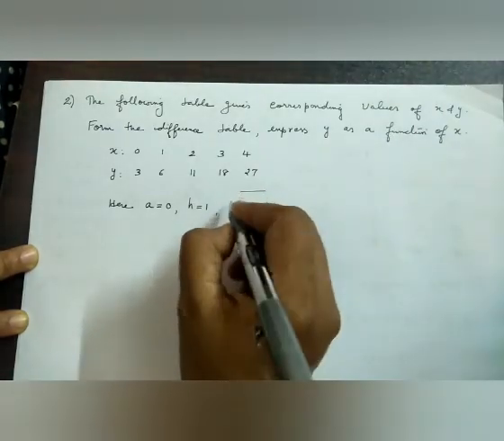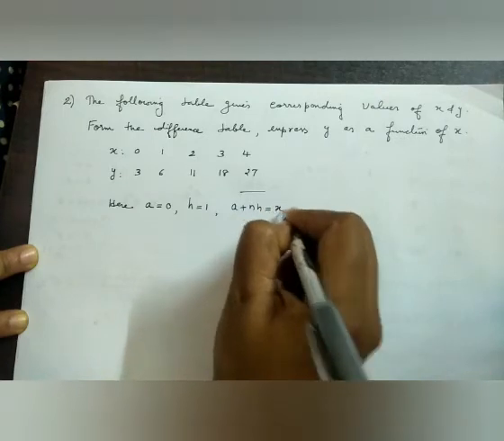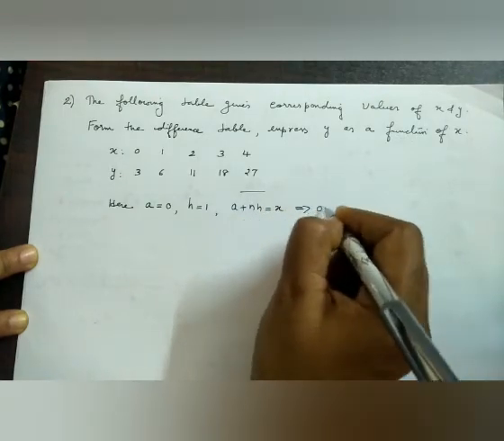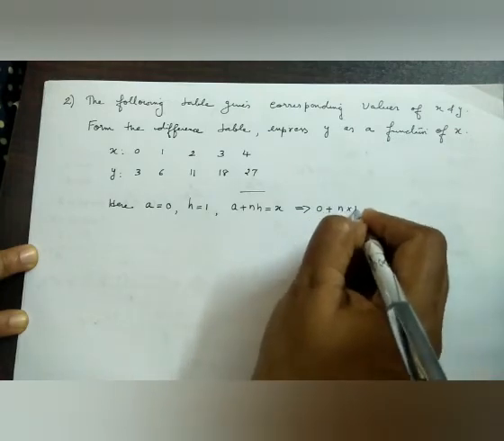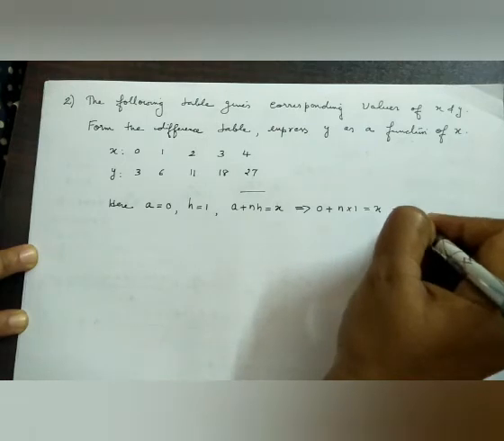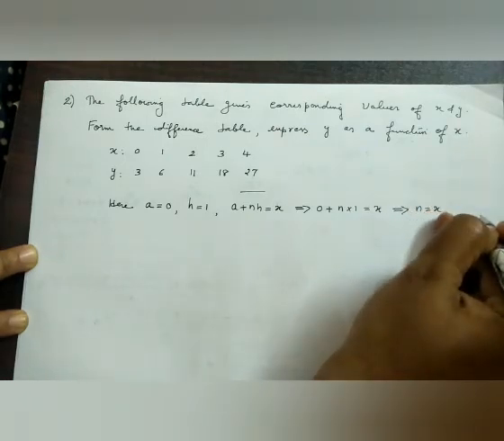Here we want to find out a plus nh as x itself, isn't it? Therefore, 0 plus n into 1 is equal to x, or we have n is equal to x. Therefore, in the place of n in the formula we have to substitute x itself.